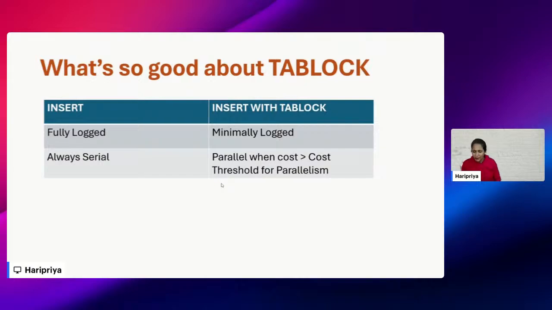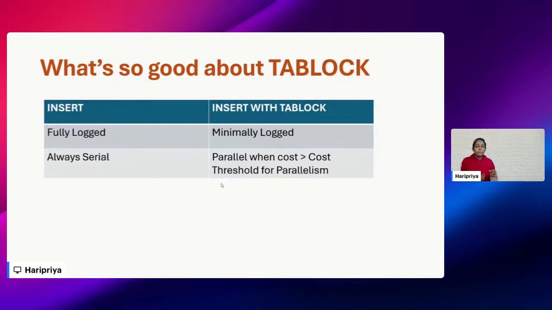So what is so good about the TABLOCK hint? Two main things. When you do a regular insert operation, imagine you're inserting 1,000 rows. In the transaction log file, all those 1,000 entries will be recorded. And that is called fully logged, like everything is logged.